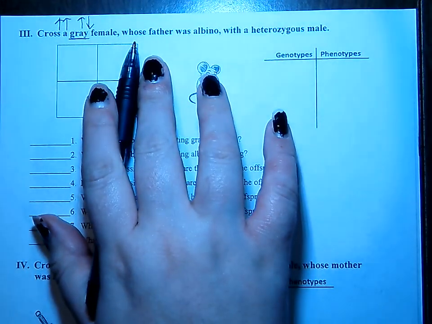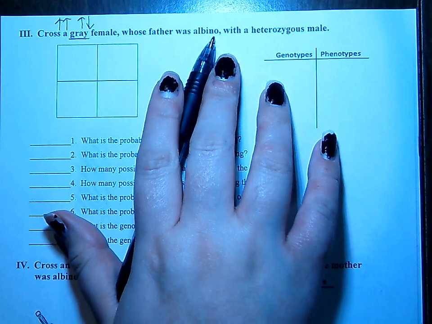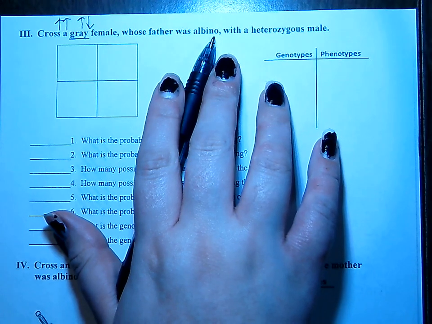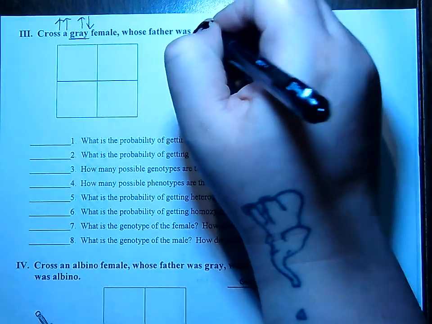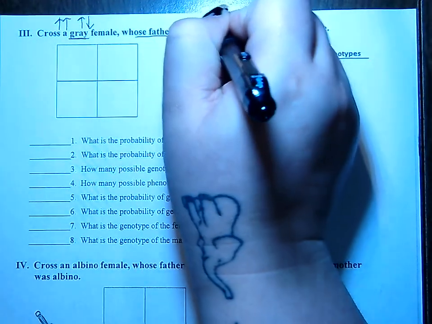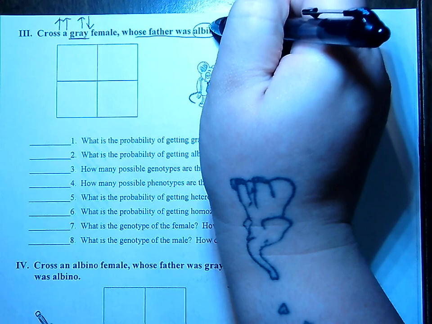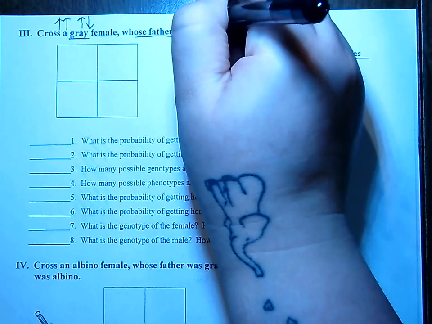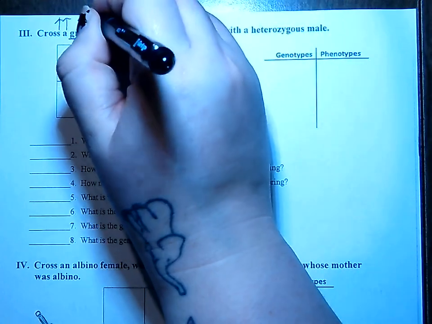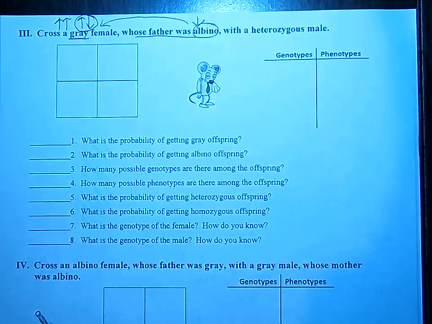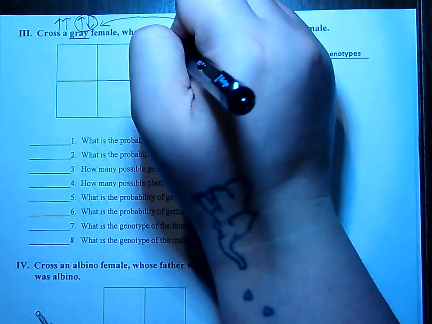The key here, her father was albino. So she can be a carrier of that trait. So remember, albino was the recessive. So since we have to apply that to her, she is actually going to be heterozygous, big little.